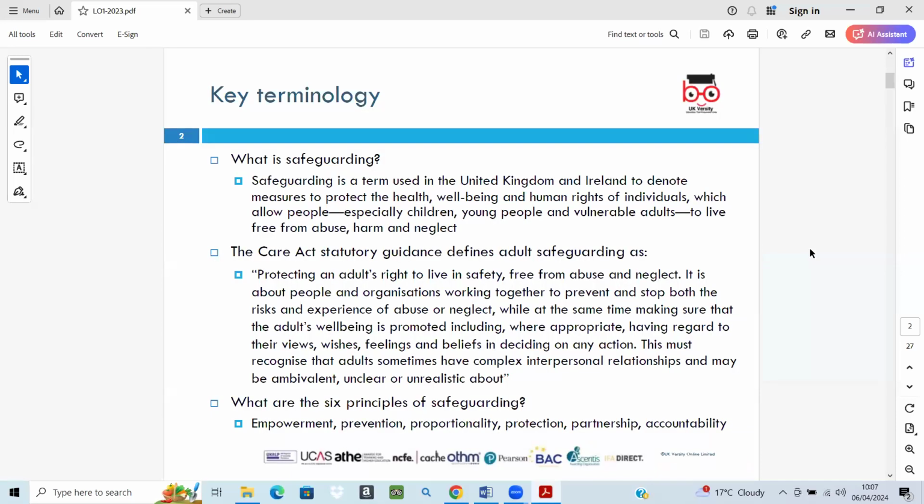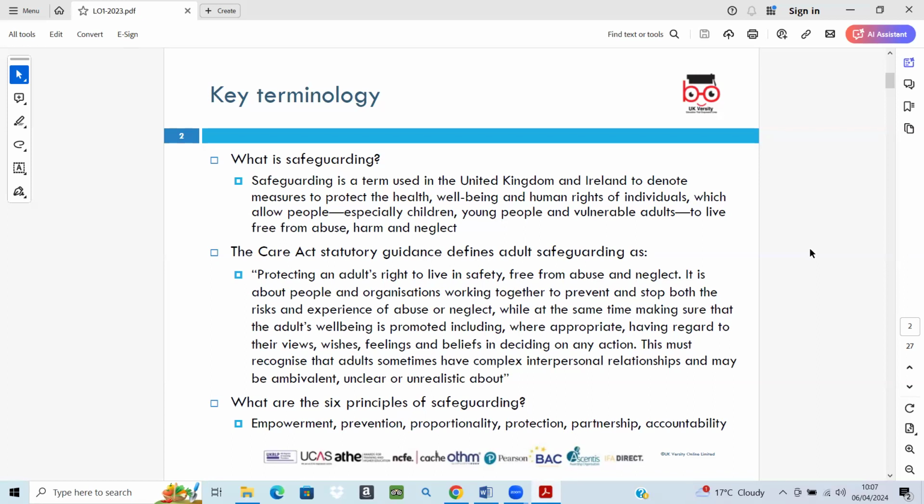Now we have what is safeguarding and the CARE Act statutory guidance, which defines adult safeguarding. Safeguarding is the action or process of protecting individuals, particularly vulnerable adults and children, from harm, abuse, neglect, or exploitation.